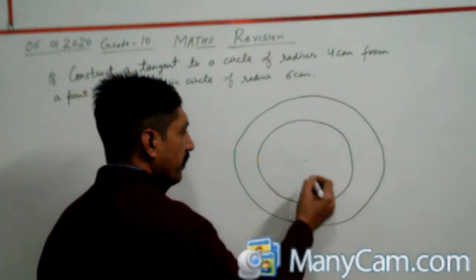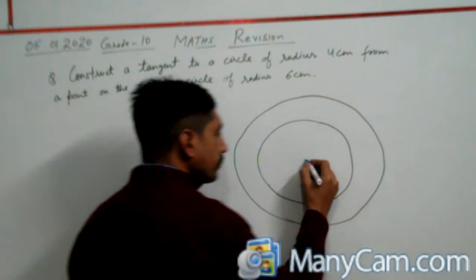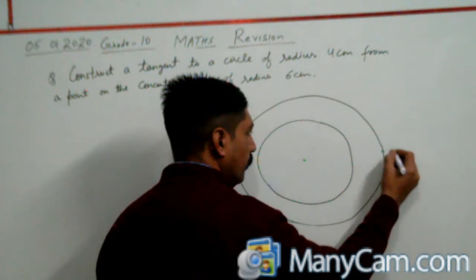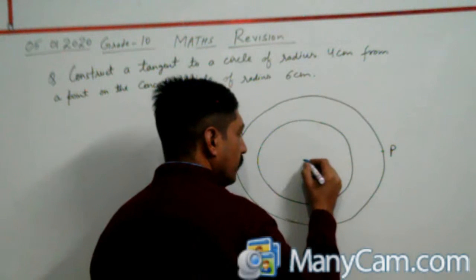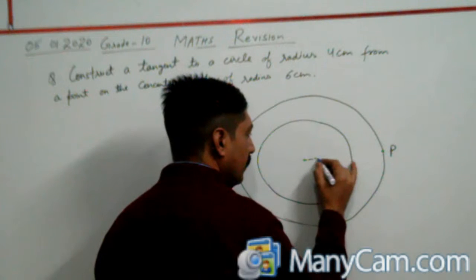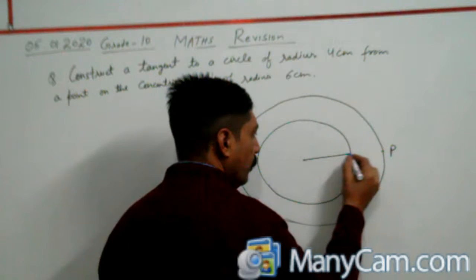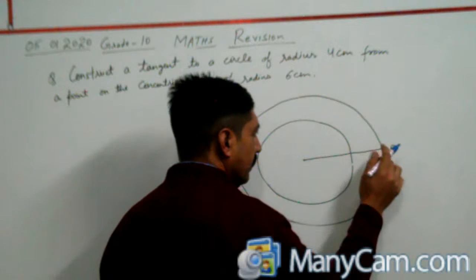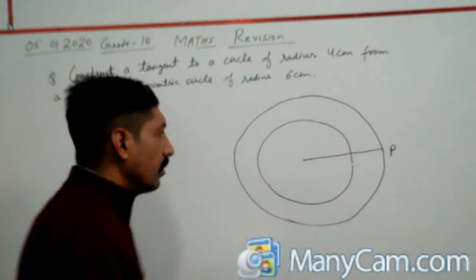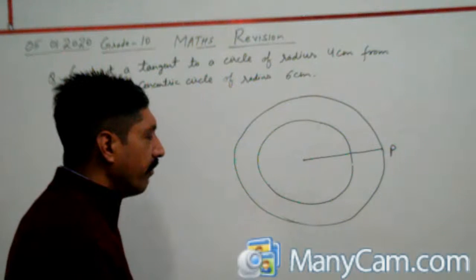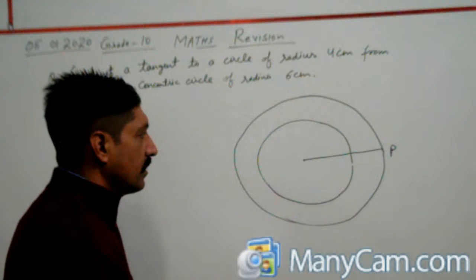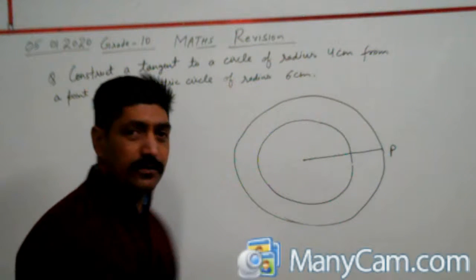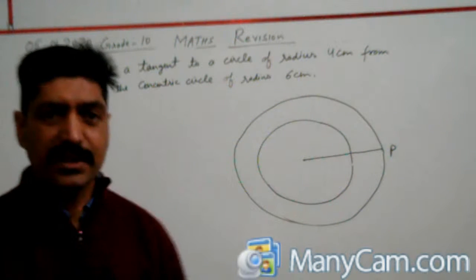So what we will do, we will join, and this is the point of contact. This is the 4 centimeter, this is 6 centimeter here, right? Now we will find the half of 6. So half of 6 is 3.